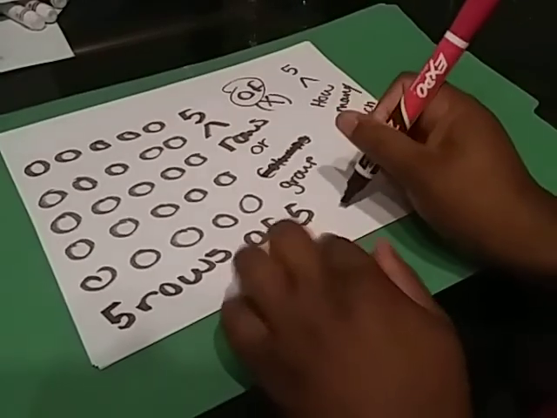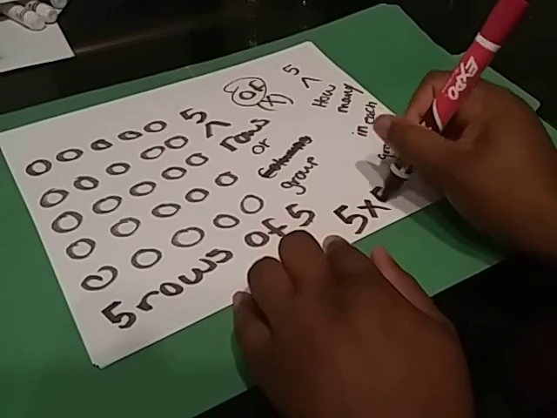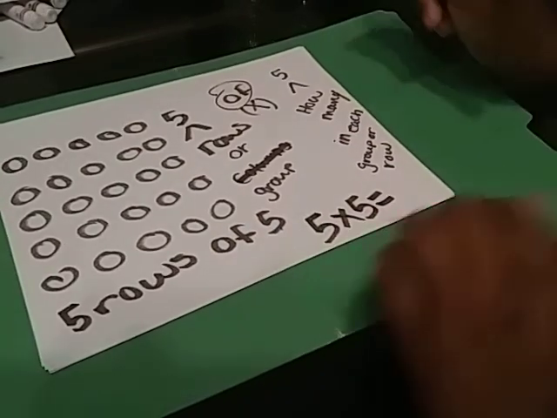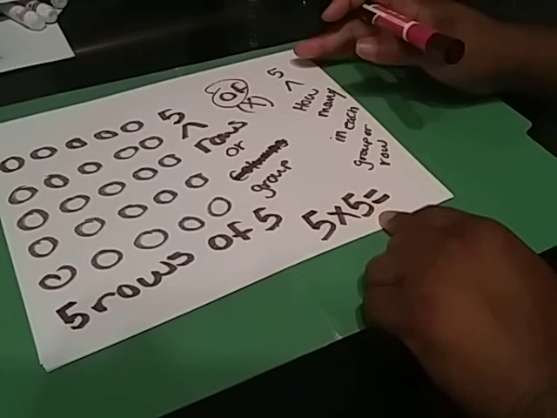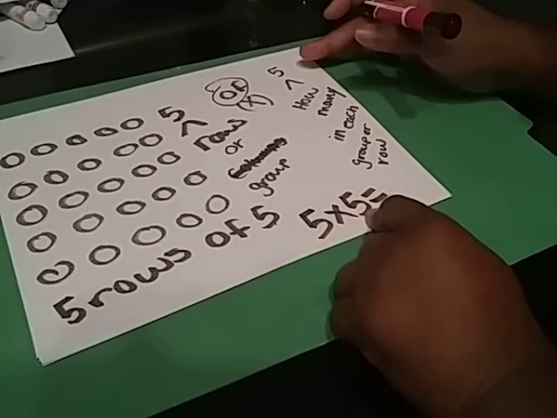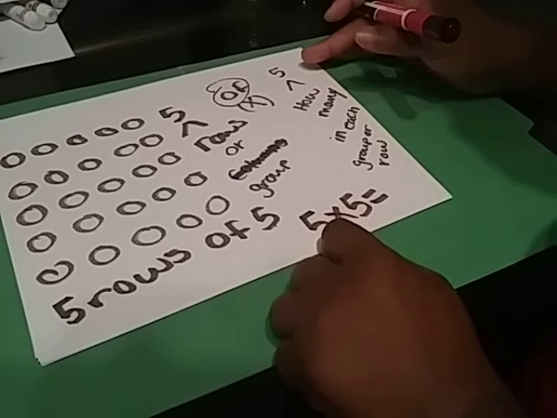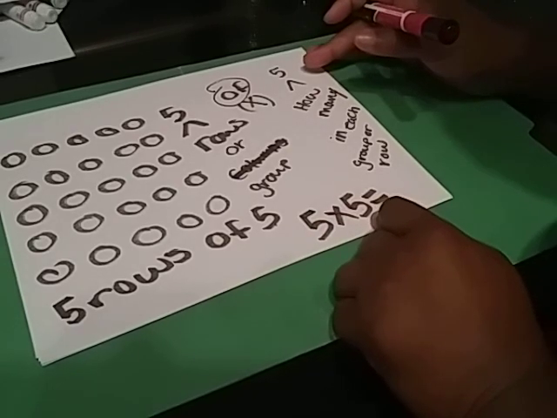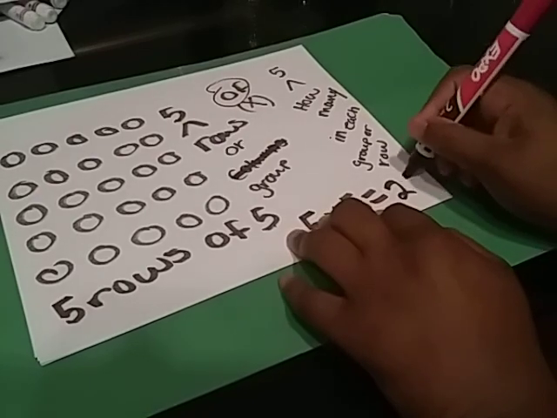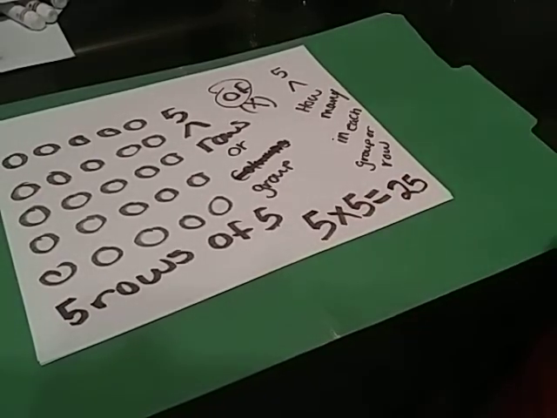So my multiplication equation will look like 5 times 5. I have 5 groups of 5, 5 groups and 5 in each group. That's what it's saying. 5 groups or 5 rows of 5 on each row equals 25.